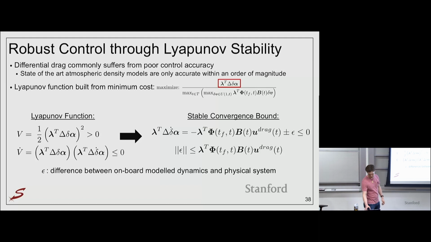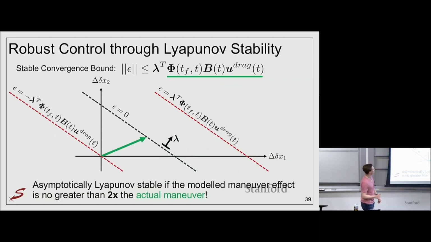How do we apply this? Here's a visualization of what this looks like in pseudostate space. So we have our stable convergence bound on the top, and this green maneuver here is the maneuver that the system is actually executing. So this is what is happening in real ground truth space.